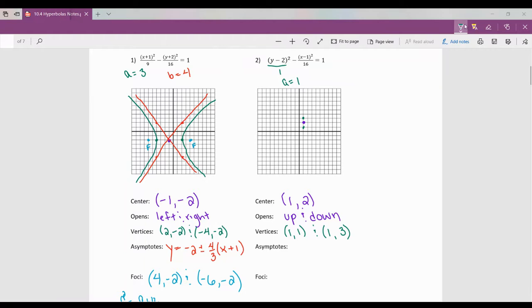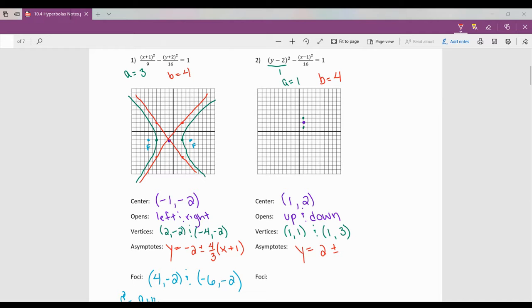All right, now the next thing I want to do is identify my asymptotes. So my B is the square root of 16, which is 4. My asymptotes are going to be Y equals my K, which is 2, plus or minus, and now this is the slope part, so it's always Y's over X's.